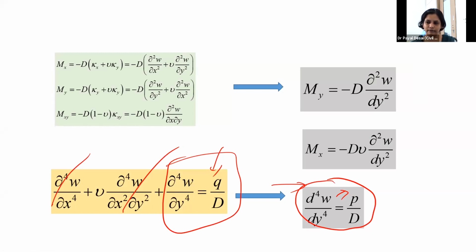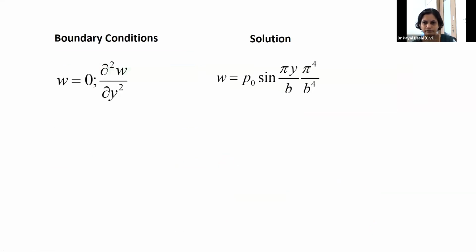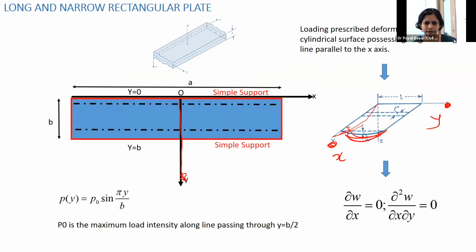This is the typical way a boundary value problem is solved, and you get your deflection very easily. I am assuming a sinusoidal load here, so the loading function is this. This is a hypothetical way of imagining it; you may apply a uniform load also.